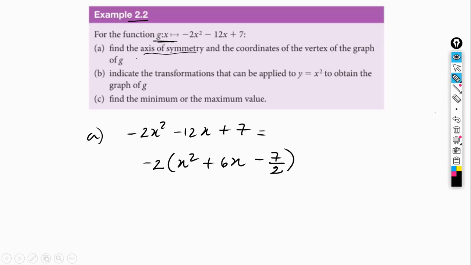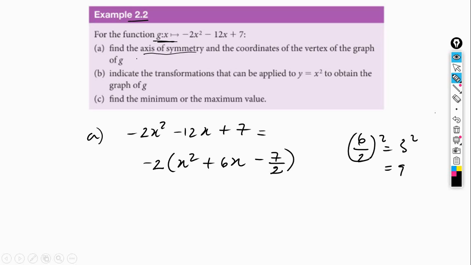And then now I can complete the square of this part that is inside the parenthesis. Remember that the third term for the trinomial to be the expansion of the perfect square will have to be 6 halves squared, which is going to be 3 squared, or 9.